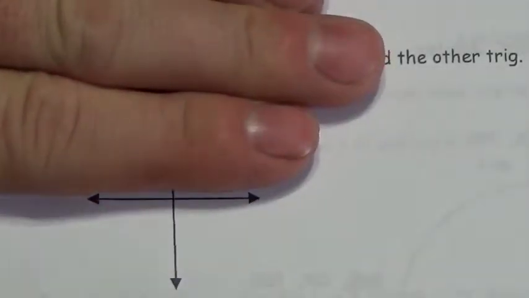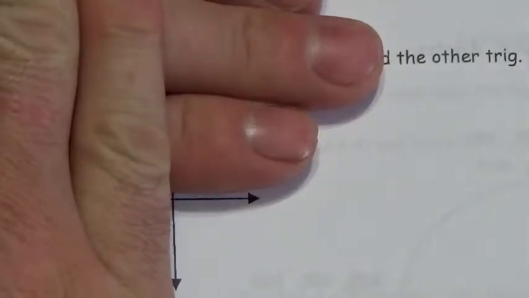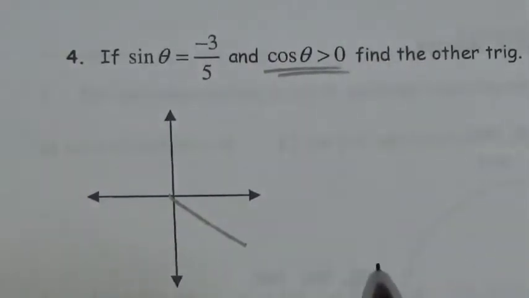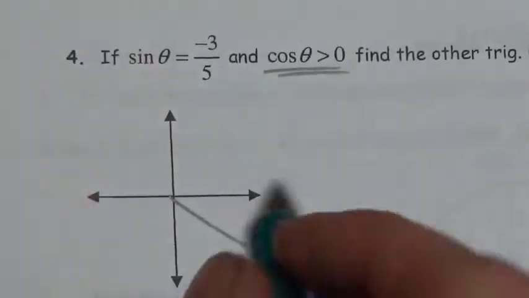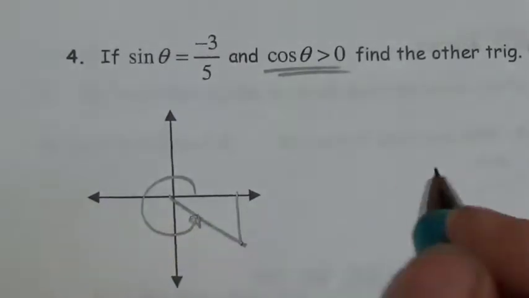Sine is negative in quadrants 3 and 4. Cosine is positive in 1 and 4. When I cover up these things that don't work, the only option I'm left with is quadrant 4. This angle must be down here. That's basically the CAST rule. Cosine is positive, sine is negative. There we are. There's our theta that we're looking for.